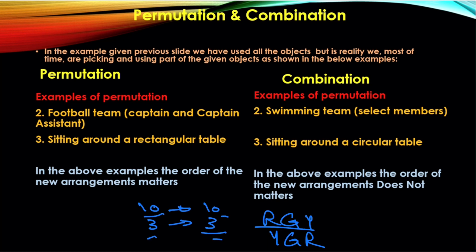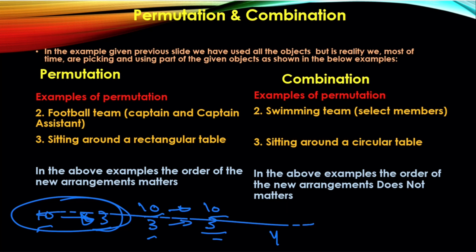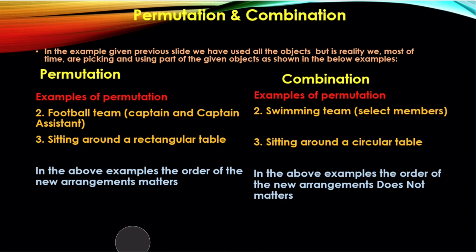We are using the same 10. But in some other cases, we have 10 and we want to select only three out of 10. So we are not using all of them. Does it matter in the permutation or in the combination? Yes, it matters. So here we'll have a different way of dealing with this example.